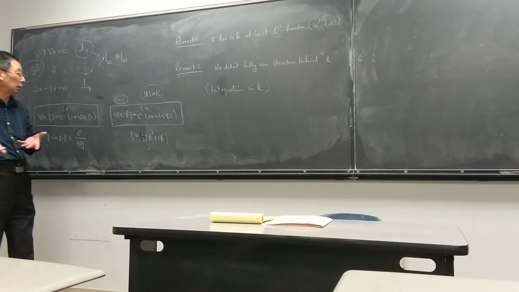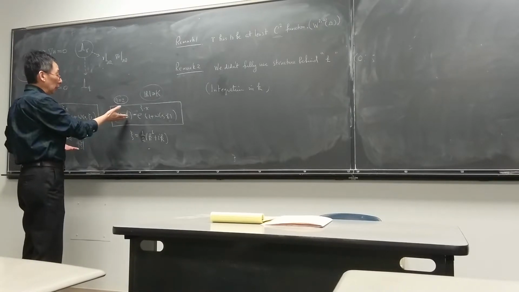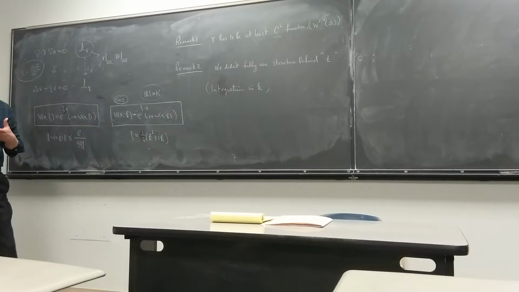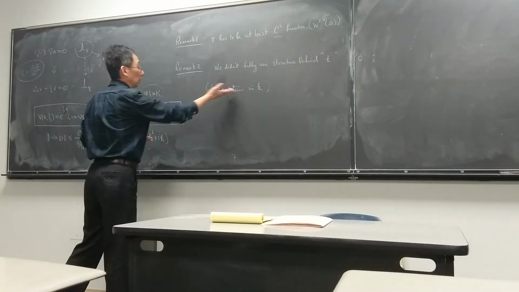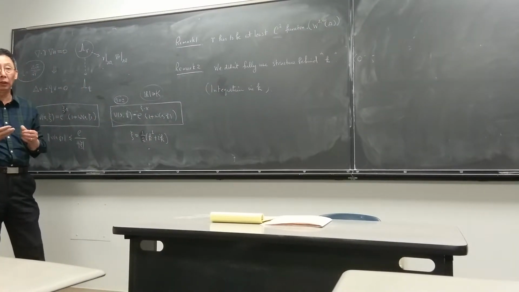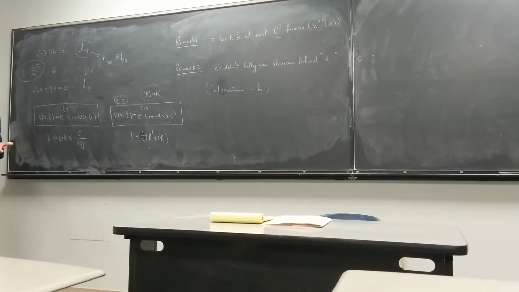If you can go to that detail, about the differentiation in K, then the differential equation will give you much more information than just the integration in K. So that's what we want to pay more attention to in the new approach.